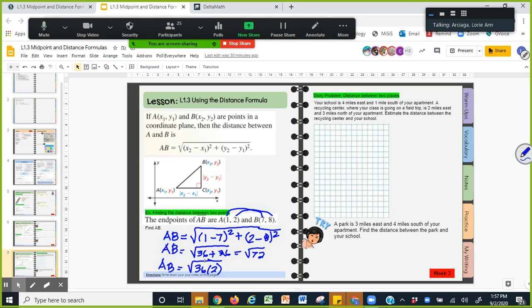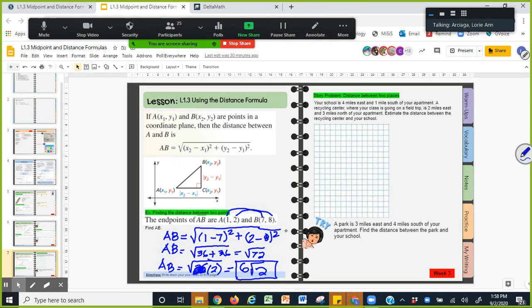But if it's 36 plus 36 written as 36 times 2, isn't 36 a perfect square? The square root of 36 is 6, so that goes out of the radical sign. And the square root of 2 is not a perfect square, so it has to stay under the radical sign. This is the final answer in simplest radical form.